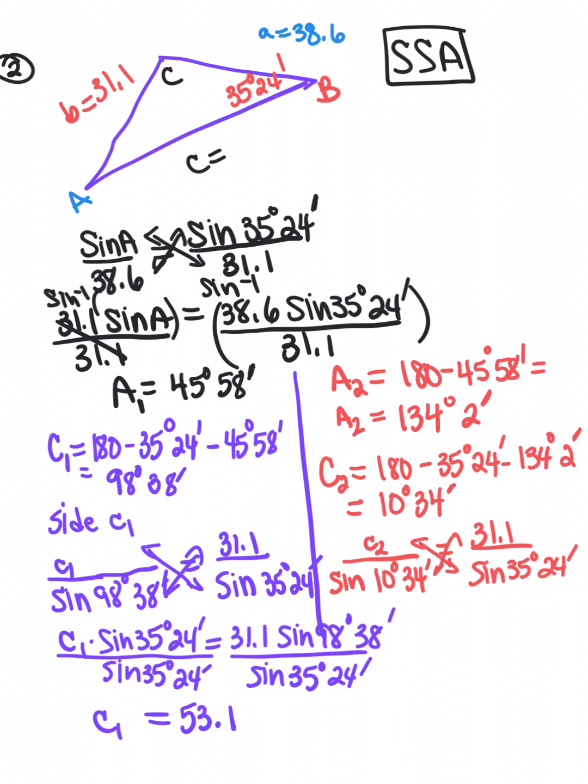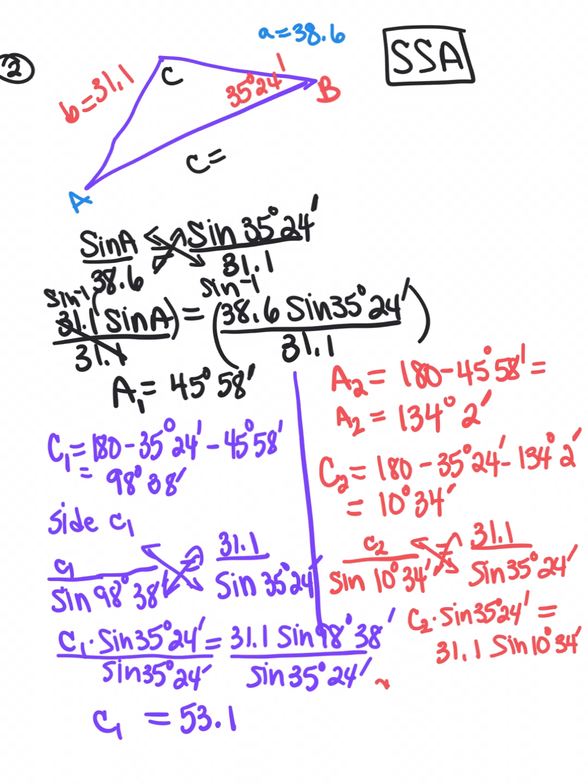So we have C2 times sine of 35 degrees 24 minutes is equal to 31.1 sine of 10 degrees 34 minutes, and we're going to divide both sides by sine of 35 degrees 24 minutes.